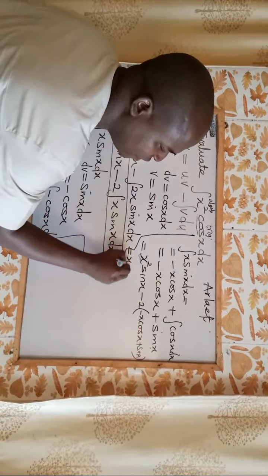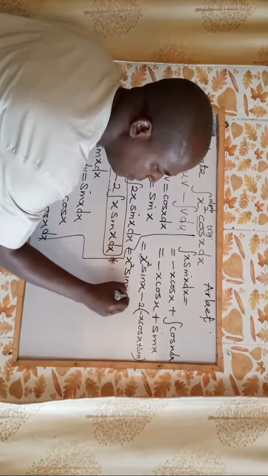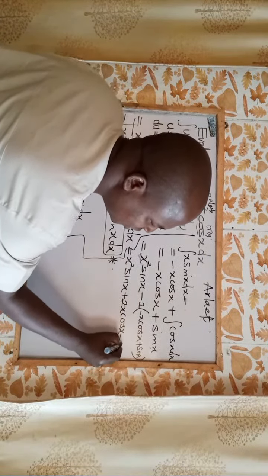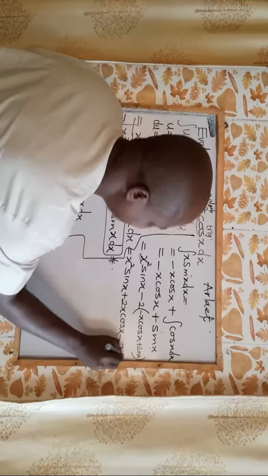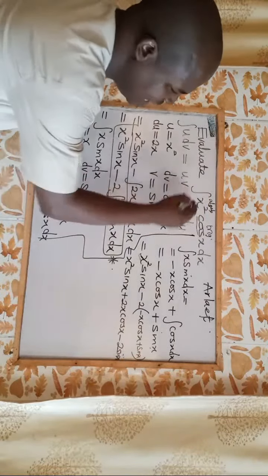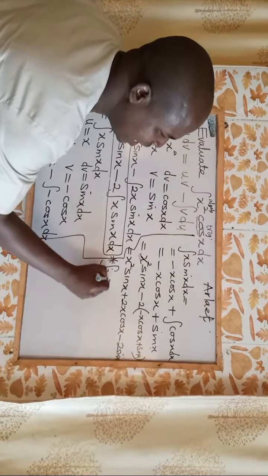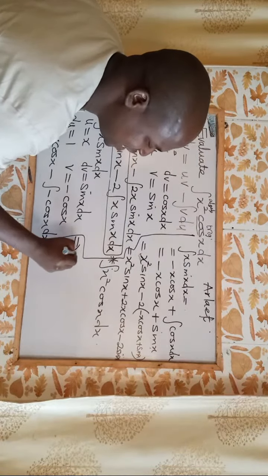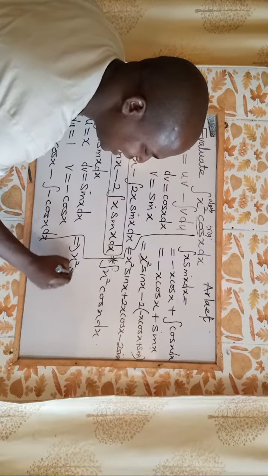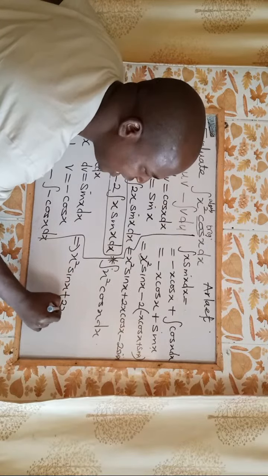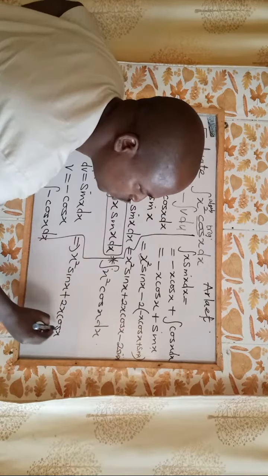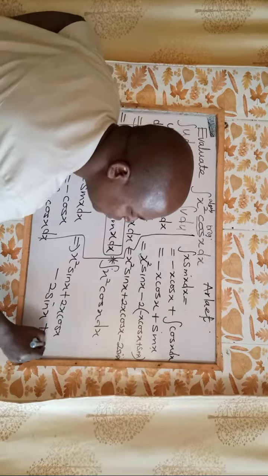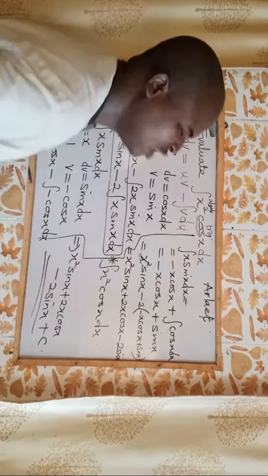If you open the bracket, you have x squared sine x, minus minus gives us plus 2x cos x, minus 2 sine x. So the integral of x squared cos x dx is x squared sine x plus 2x cos x minus 2 sine x, then we attach plus c. That is the answer that we are going to have.